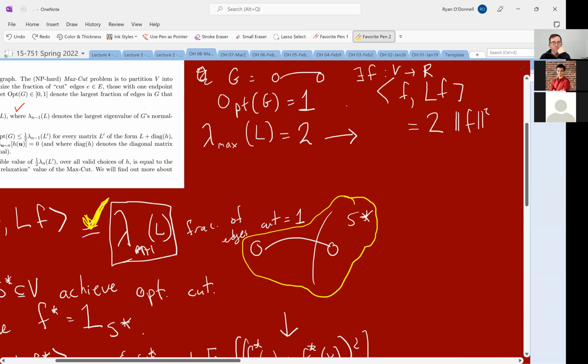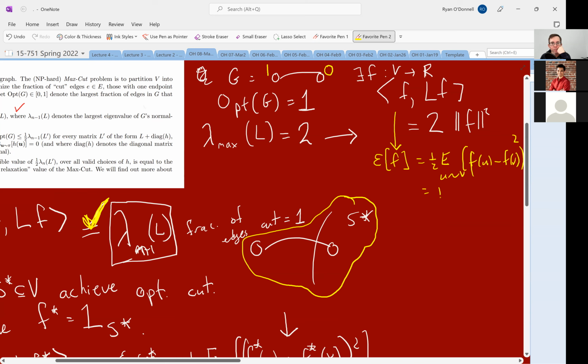They're just 1, 0. Wait. Let's see, 1 and 0. I think that works. So this thing is the quadratic form, which, as we saw, is half the expectation over a random edge of f(u) minus f(v) squared.